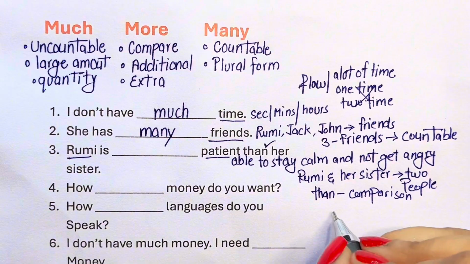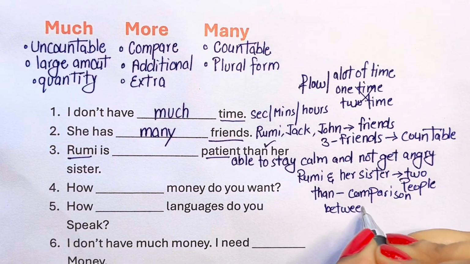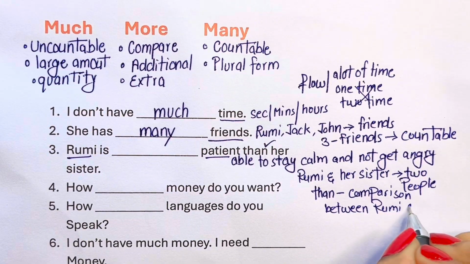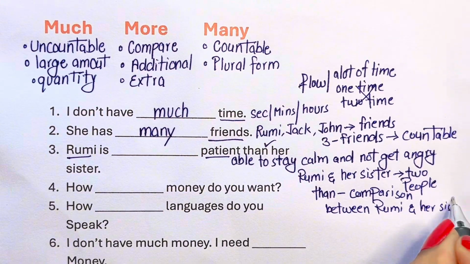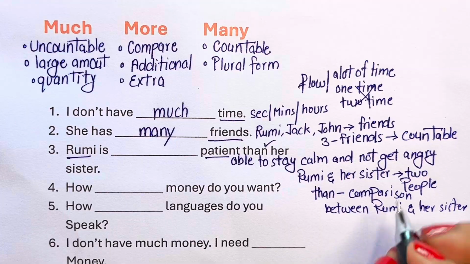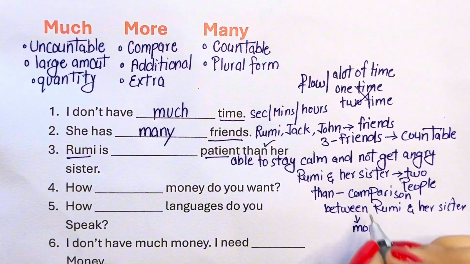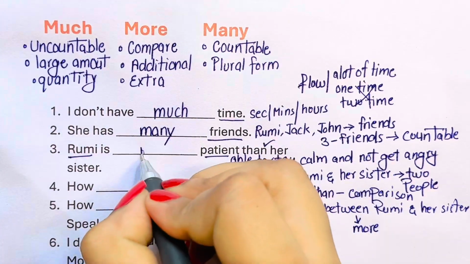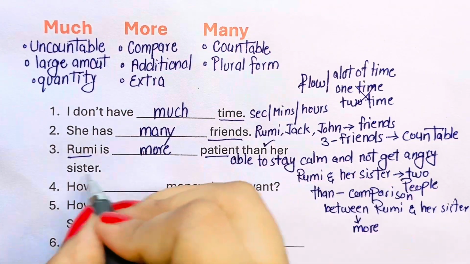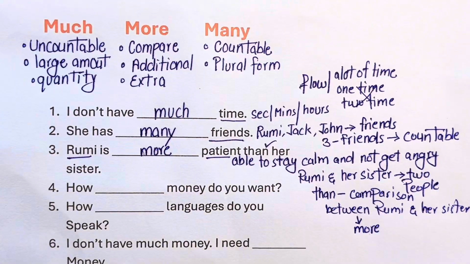There is a comparison between Rumi and her sister's nature, and for comparison we use more. So the correct answer is more. Rumi is more patient than her sister. Okay, clear?